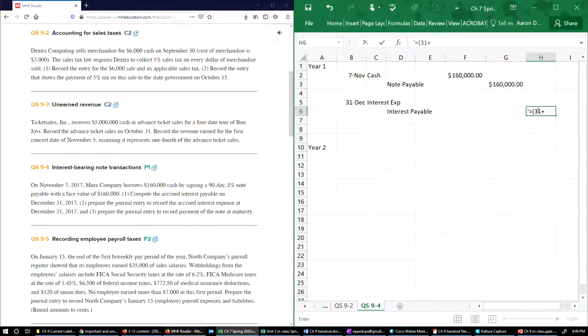November has 30 days, so we can do 30 less 7 times the face amount, 160,000 times the interest, which is 8%. When we run that, let's see what we get.